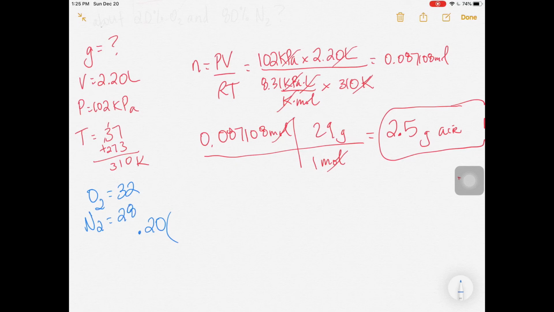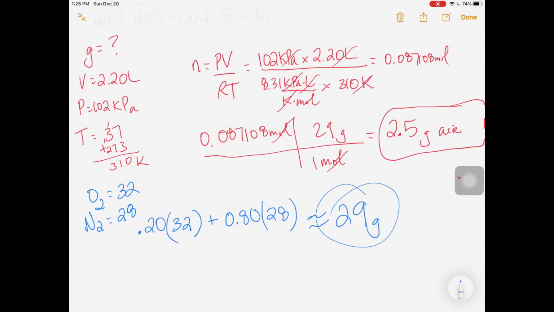The molar mass for air would be 20% of oxygen's mass added to 80% of nitrogen's mass, and to the nearest whole number, that's 29. We didn't have to calculate that in this problem, but I thought it was interesting that that's where they got that number. Basically, it was a weighted average of oxygen and nitrogen's molar masses.